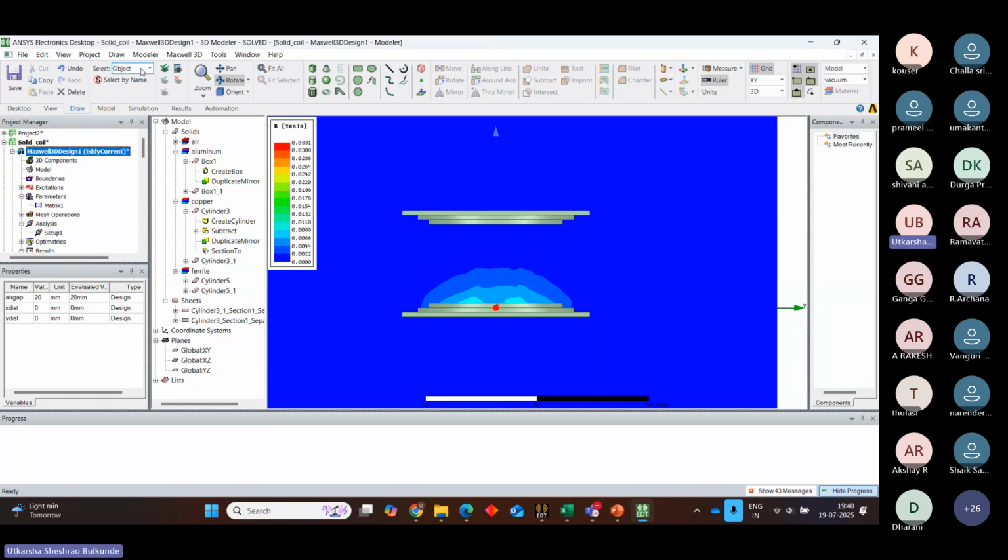If you compare the spiral and this solid coil, you will get the same values of coupling coefficient, mutual inductance and all, if you have the same number of turns and everything.